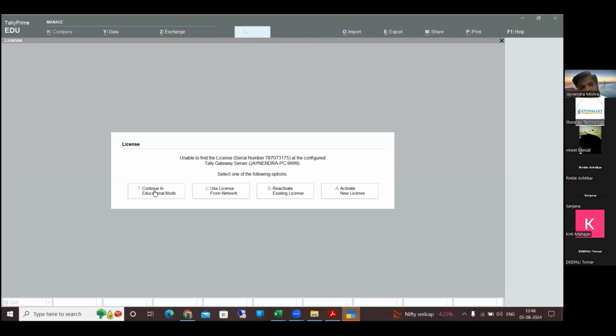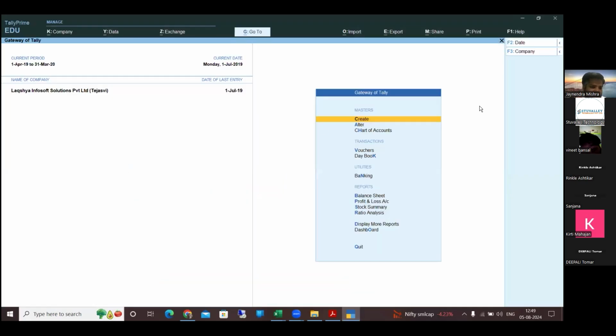No difference between license and educational, as such. The only difference is that in the license version, the system accepts all dates, but in educational mode, the system only accepts the first or second or the last day of the month. It's okay. Date is not important.